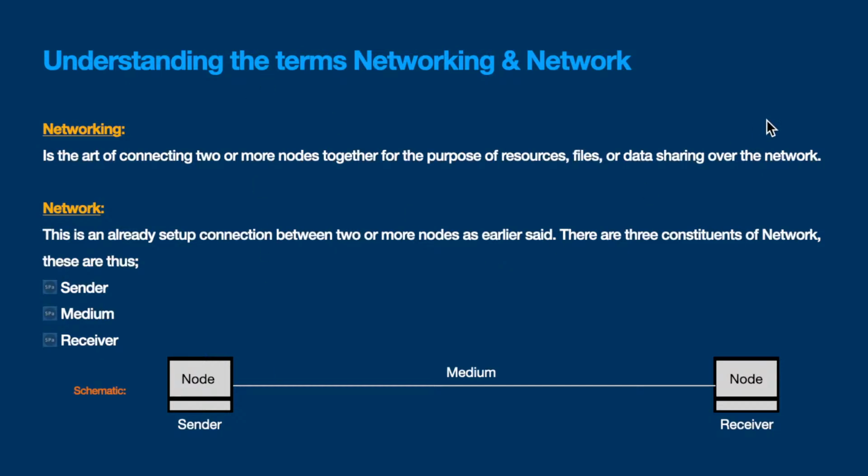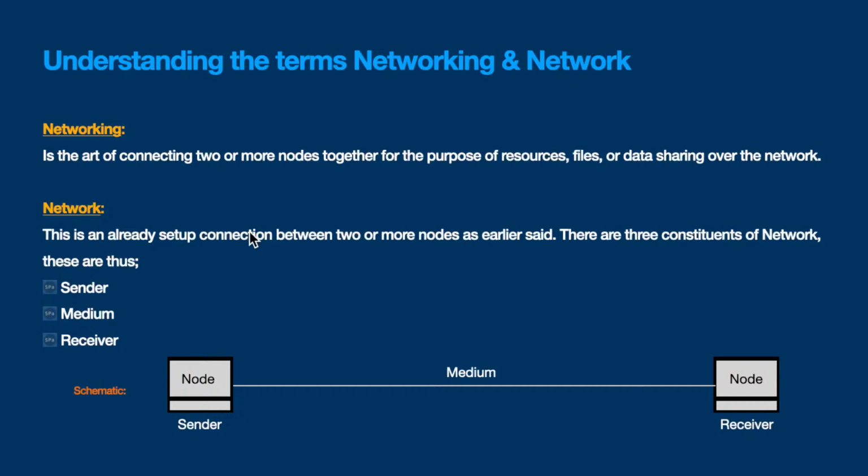Okay. All right. So understanding the terms, I believe that if before now you didn't understand what networking and network are, now you understand. So without further ado, let's get started, now that that has been made clear to us.